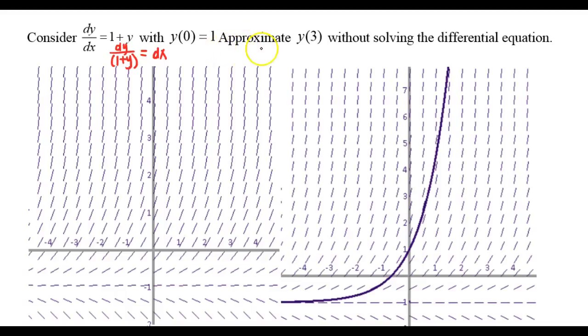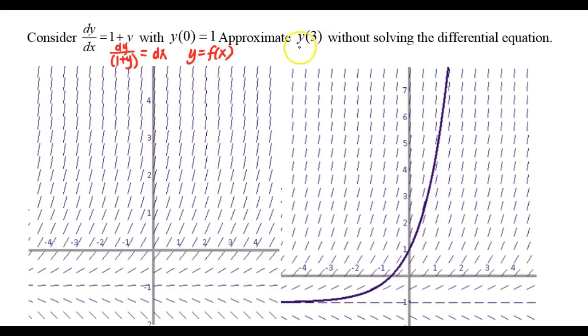We're being asked to approximate y of 3 without solving the differential equation. So approximate y of 3, meaning there's a specific value for y of 3. I want to clarify that I can find y of 3 exactly, because solving this differential equation would give me y equals some f of x, which of course I could just substitute 3 into.